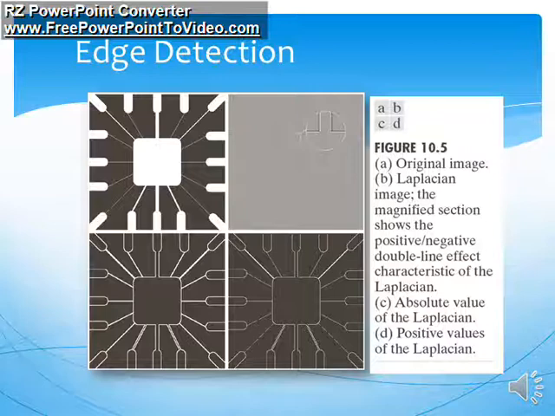So this is a very good example for illustrating the Laplacian operator, by which we can see the applications of the previously known different equations. All those equations are used here to find out this example. So this is the example of the edge detection technique by Laplacian operator.